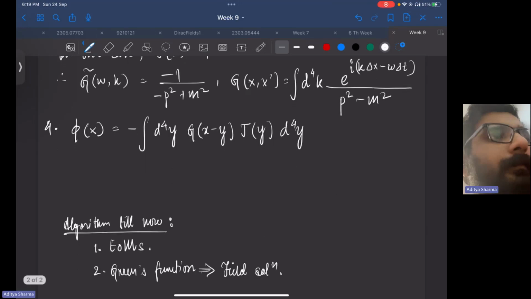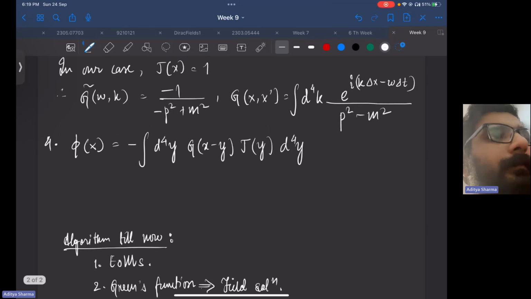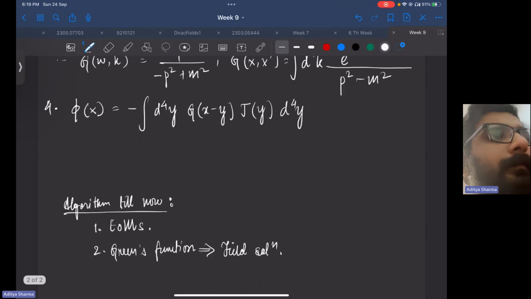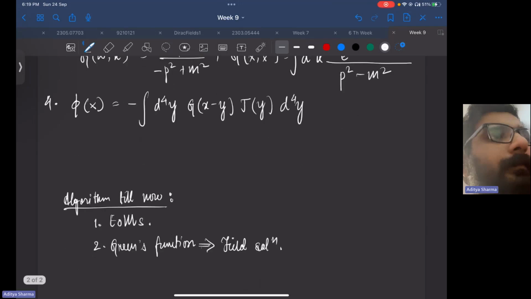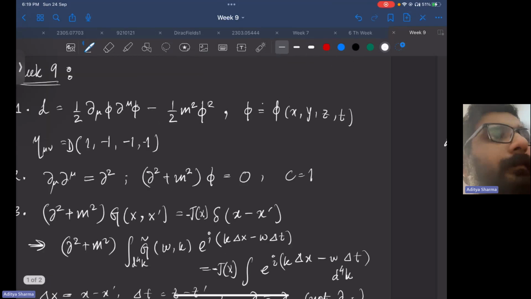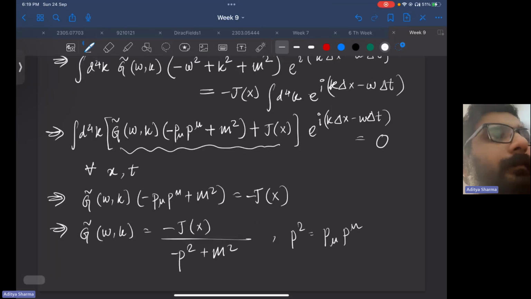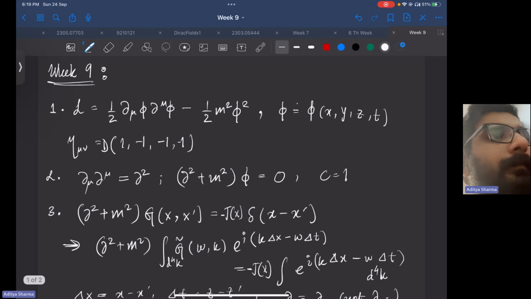For us, j is 1, so it doesn't make sense. It's just j is 1. So it's just the integral of this thing, because it is easier in the case of this, which I'm talking about. But let us go to something else, and then you'll realize why I'm doing this. Okay.